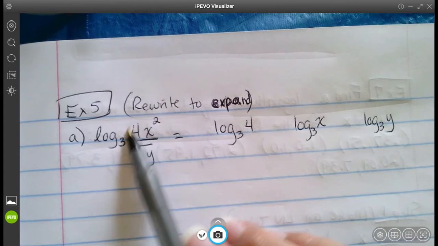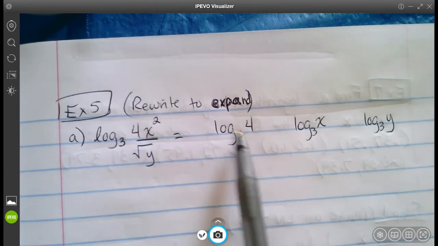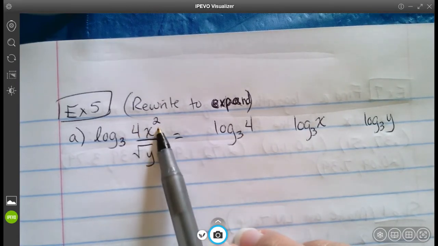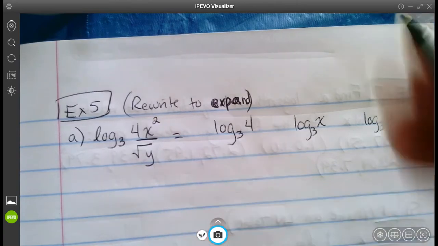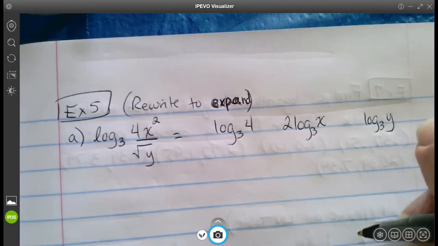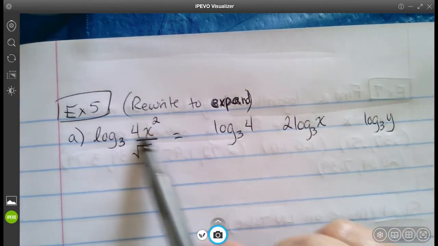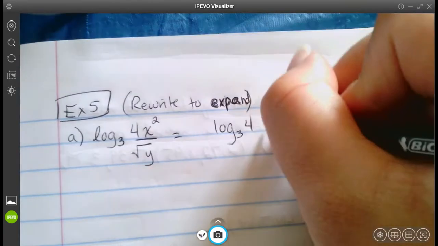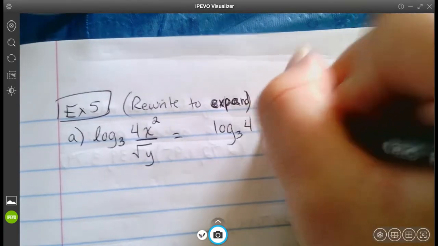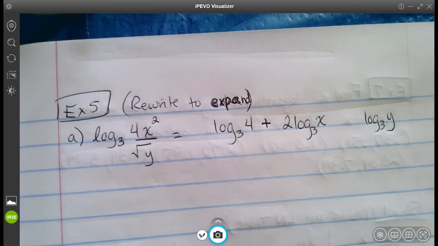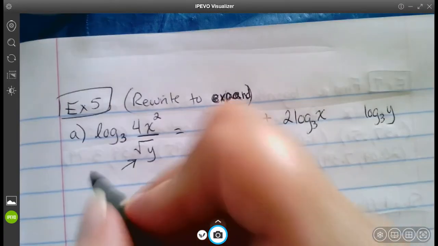So the log base 3 of 4 doesn't have anything else, so it's basically done. The x does have a square, so that square is going to move to the front. So I'm going to put that 2 right here. And since these two are being multiplied, that's going to be a plus between these guys. Okay? For the y, I'm going to put a little side note here.